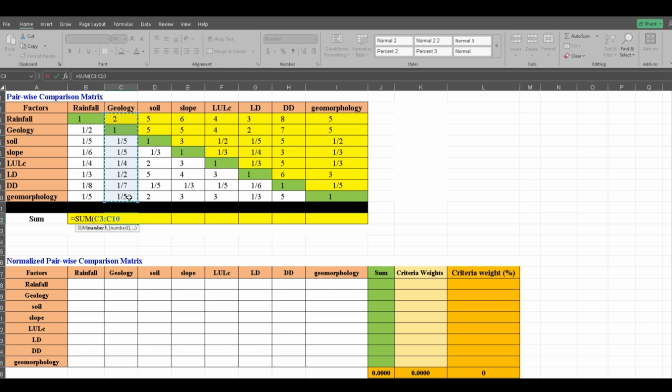The sum of the column under geology is equal to 4.49. You can drag and fill the cells in the same way, or you can calculate separately for each column.